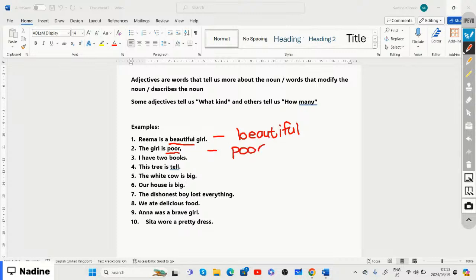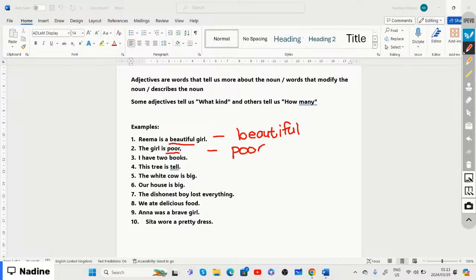So poor describes the girl, and that tells us what kind of girl it is. We can say she's a poor girl, or we can say she's a rich girl, depending.